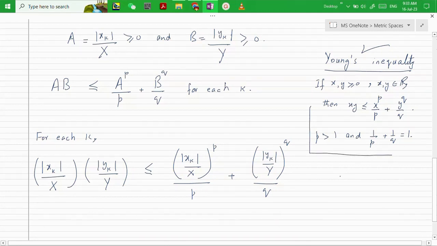We just put the values of A and B into our Young's inequality.